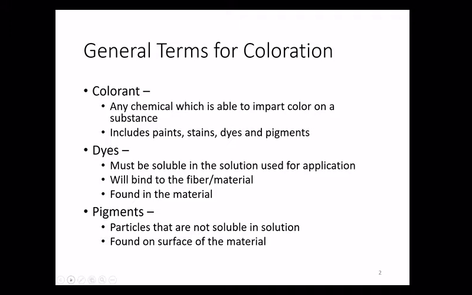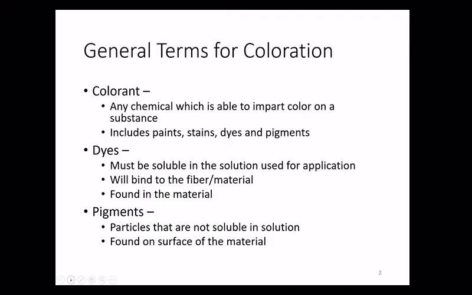lecture talking about three terms, and these are important terms as we begin to think about and consider how we add color to materials, to fibers, even to think about this in terms of other methods of colorations. And so that is that a colorant is any chemical which is able to impart color on a substance, okay?